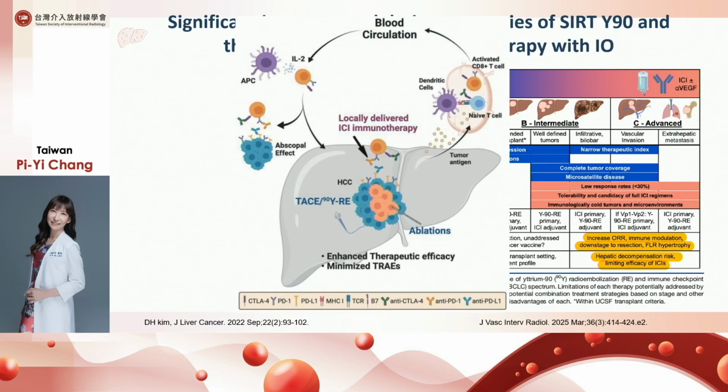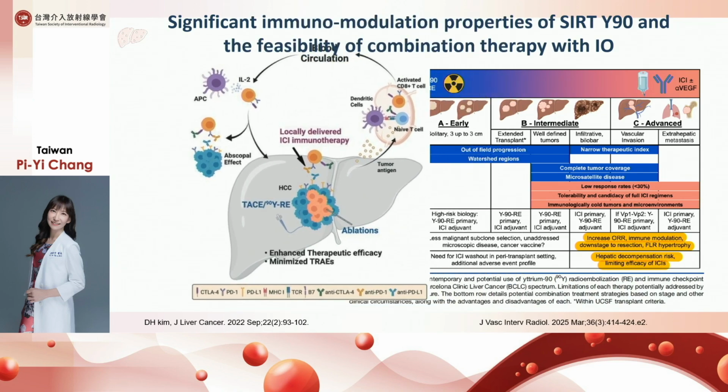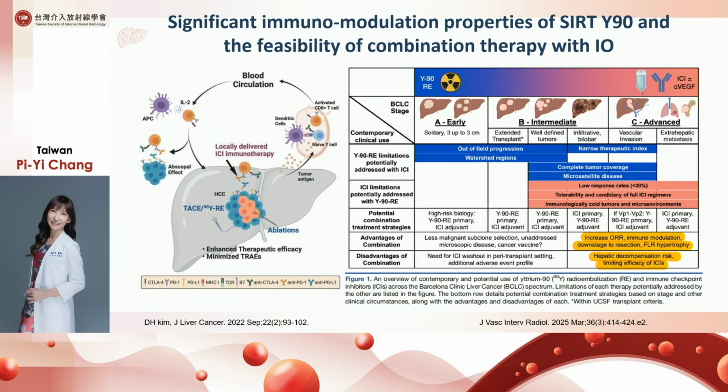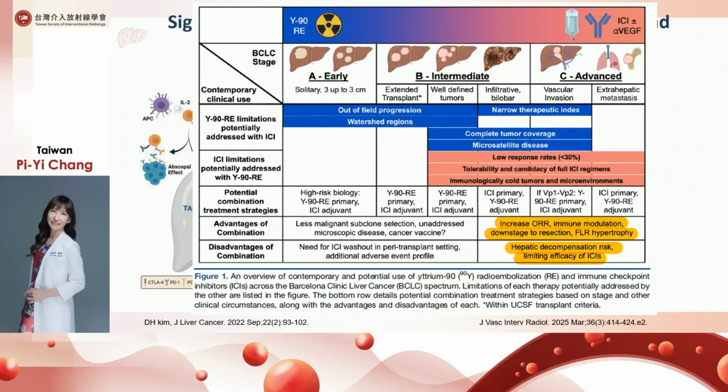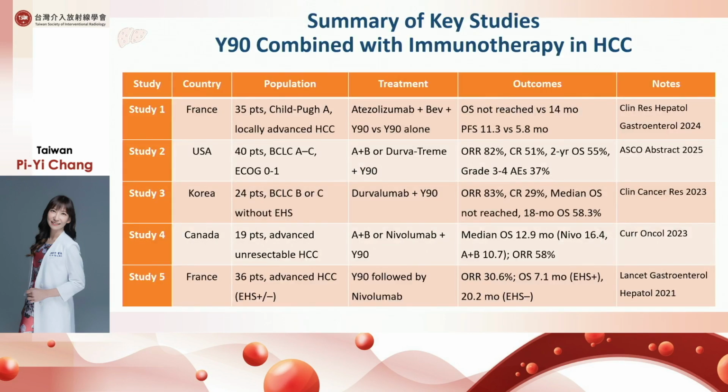We know that most HCCs, the hepatomas, are still cold tumors. They do not have really good outcomes with immune therapy as monotherapy. So when we combine Yttrium-90 with immunotherapy, it's going to give a better outcome because of the activation of immunogenicity.